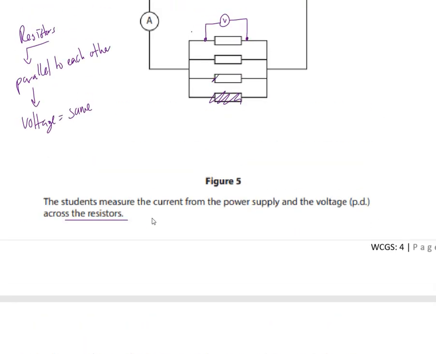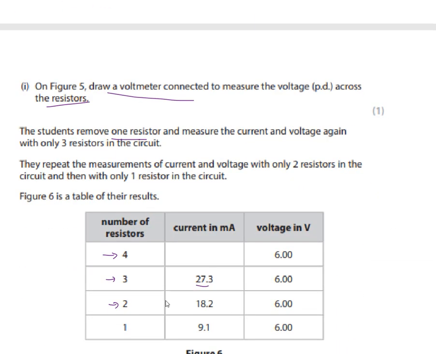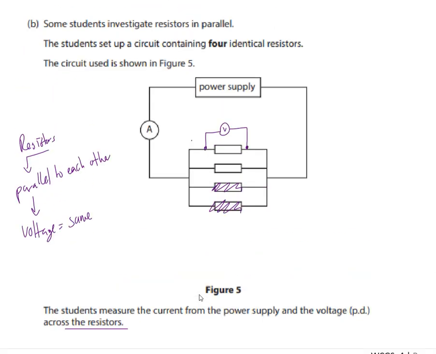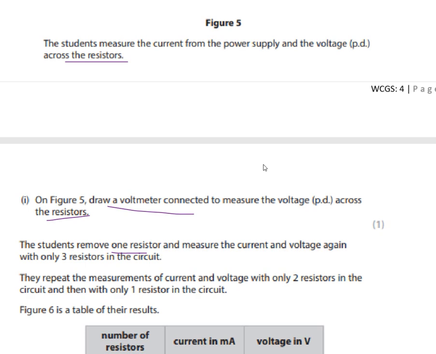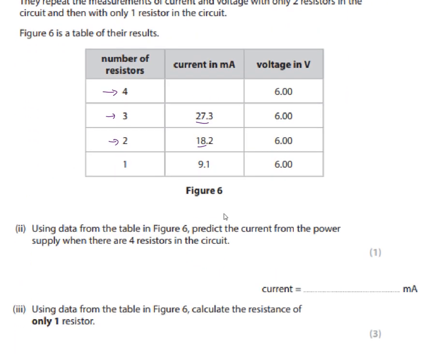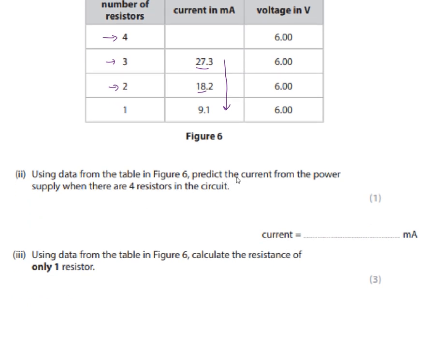Removing another one, so now we have 2 left to record. And lastly, it's left with 1, and then record, and you can see that the current is going down.